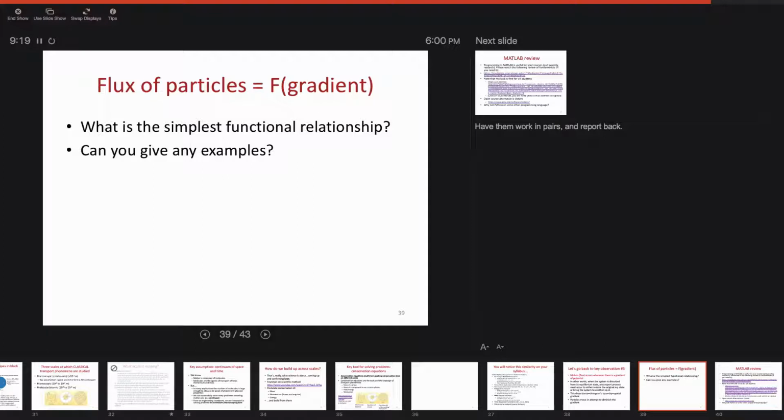He was flowing water through sand packs, and he realized that there's a very nice linear relationship between the flux of water that he literally measured with a bucket, and the gradient of potential, which was the gradient of rho g h. So those are the simplest laws we come up with. And then we work with them. We have to know when they work and when they don't.